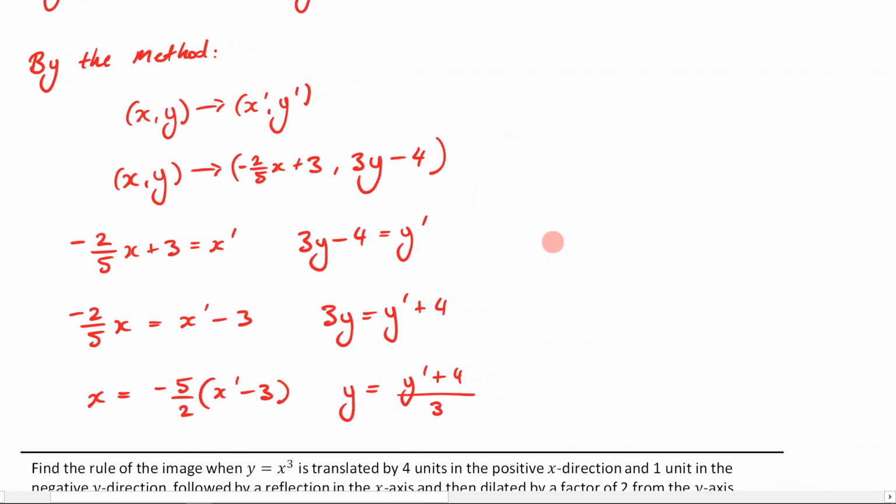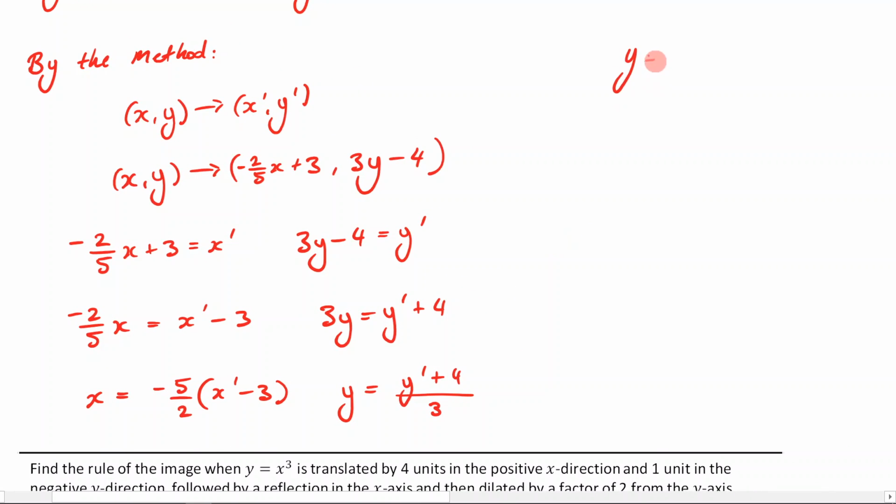Now, I'm going to write out what my original was. It was this. And into my y spot, I will be substituting that in there. y dash plus 4 over 3 equals, then into my x spot, I'll be substituting this, negative 5 on 2, x minus 3, close brackets.